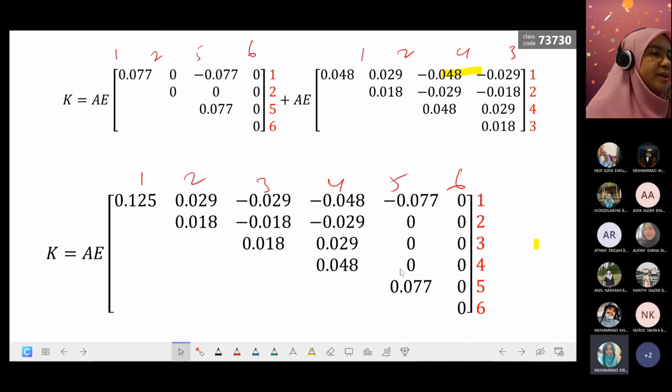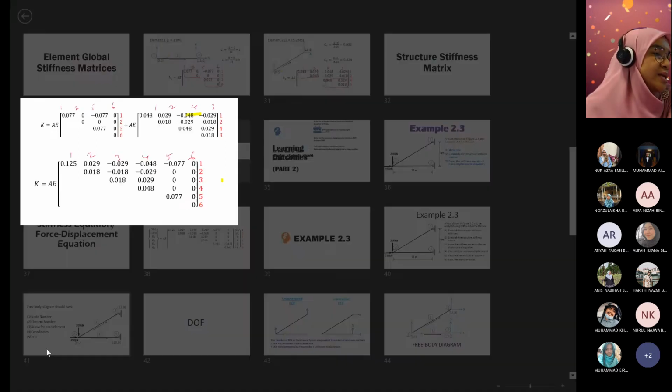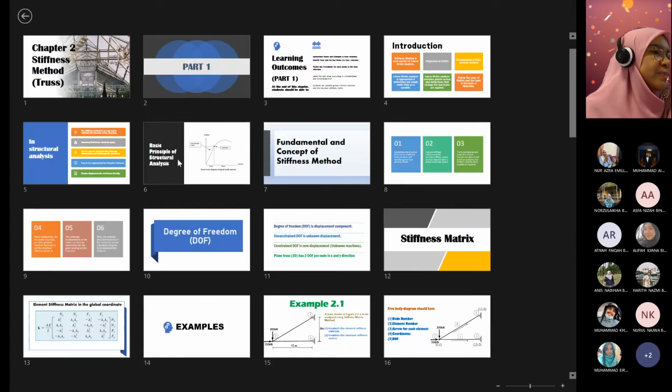Kalau yang ni correct, buat sampai stiffness matrix tu je, madam. Sebenarnya saya dah patut masuk beam, tetapi saya nampak ramai lagi yang tak clear about stiffness matrix. Kita analyze guna stiffness matrix method ni, kita nak analyze displacement and forces macam yang saya explain awal tadi. Kenapa kita pakai stiffness method?